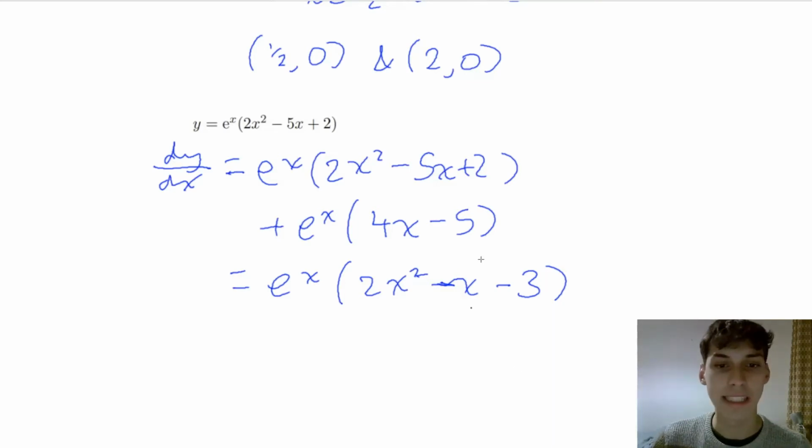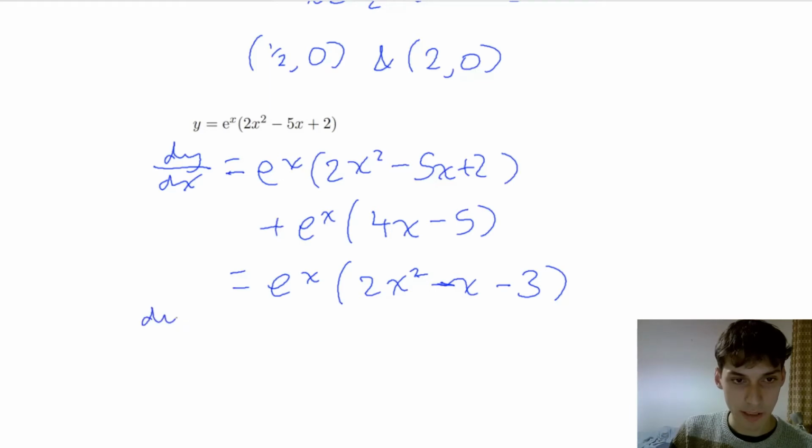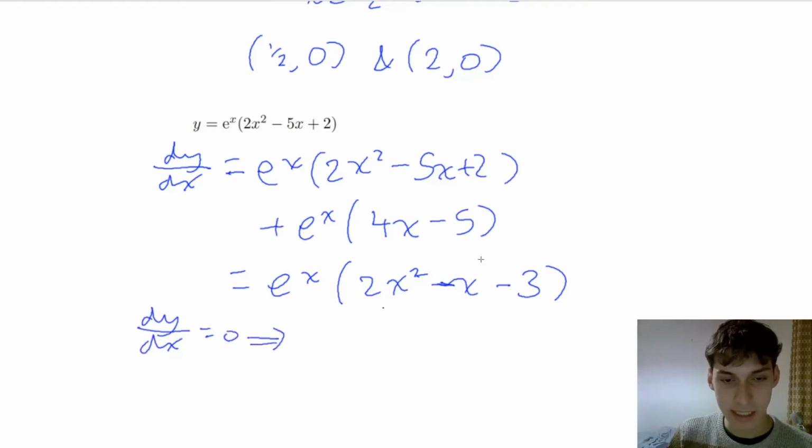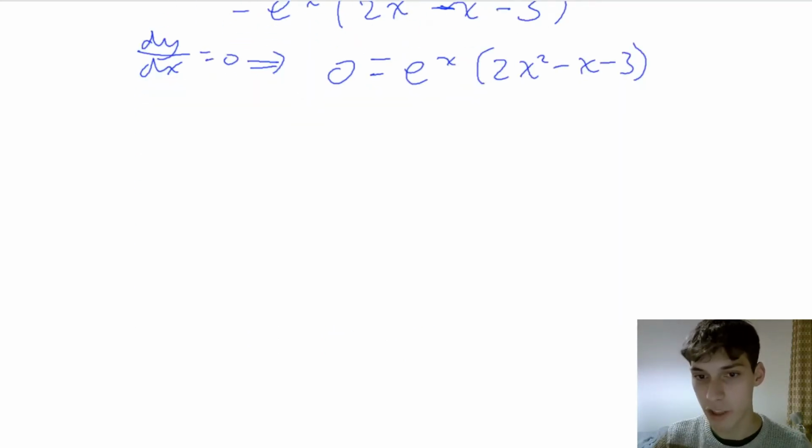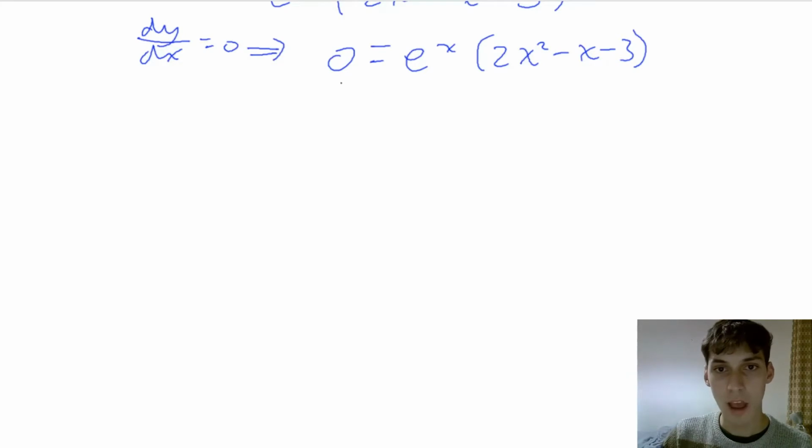Now we want to see when this equals 0 to find the stationary points. So dy over dx equals 0 implies that 0 equals e to the x times (2x squared minus x minus 3). And very similarly to last time when we were finding the roots, we can either have e to the x equal to 0, which we know isn't possible, or 2x squared minus x minus 3 equal to 0.